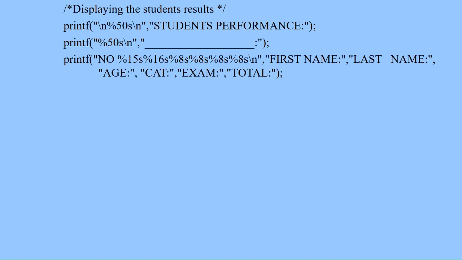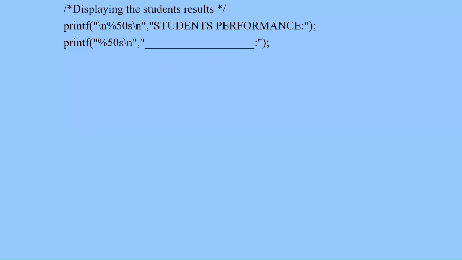In other words, the content of each of the members in our array of records will be displayed and formatted as follows. First name will be formatted 15 spaces. Last name, 16 spaces. Age, 80 spaces. Cat, 80 spaces. Exam, 80 spaces. Total, 80 spaces. In other words, those headings will be spaced as specified in this statement.